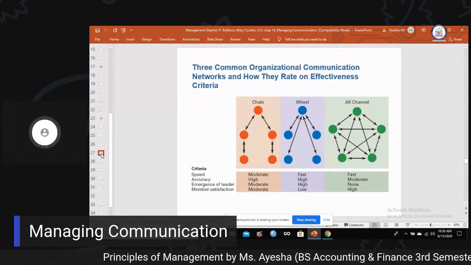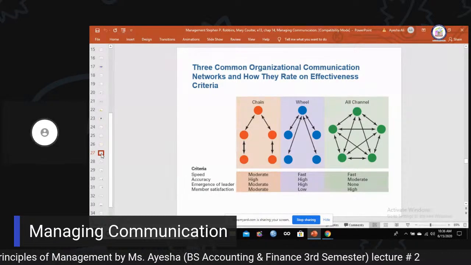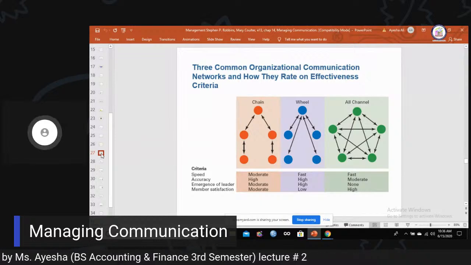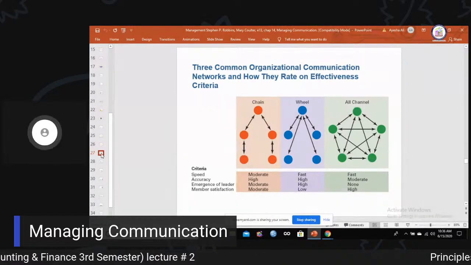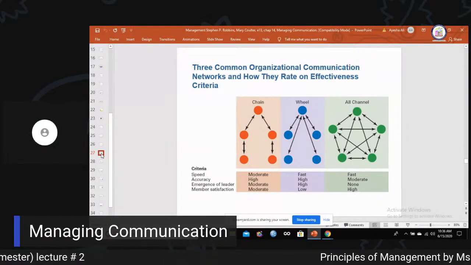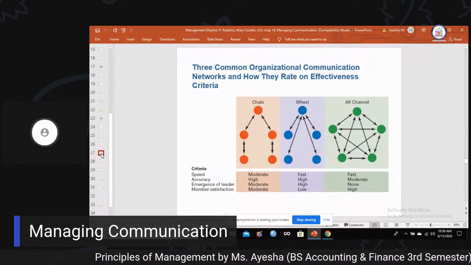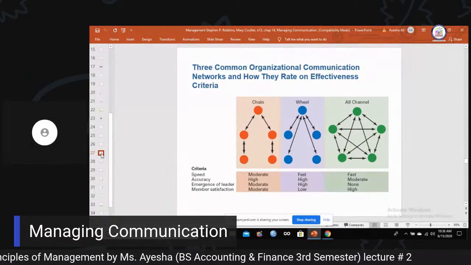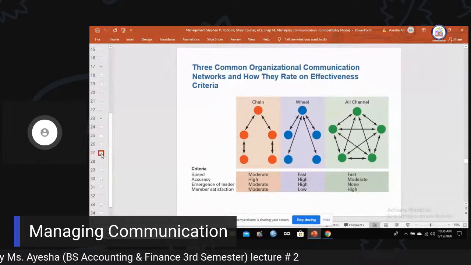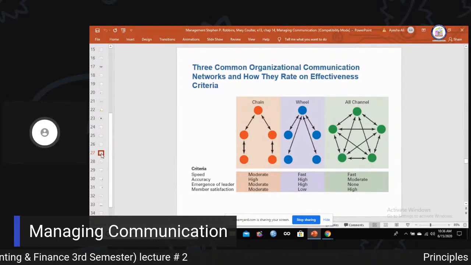Then we have accuracy. In chain we have high accuracy because they are following the proper chain of command, but it can be moderate if we have a big organization or large scale communication.